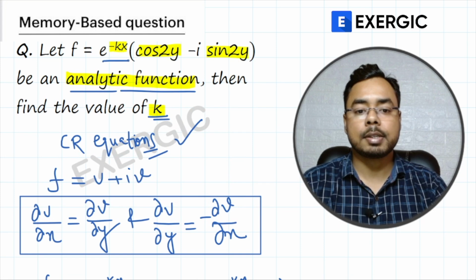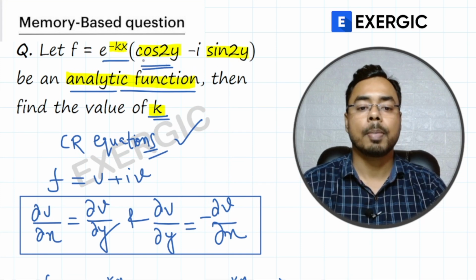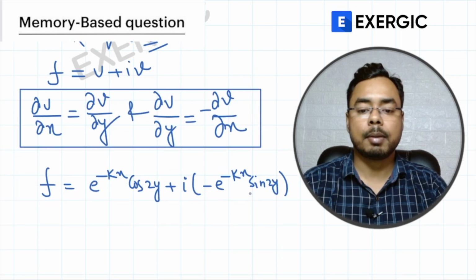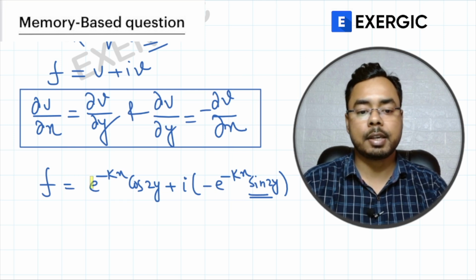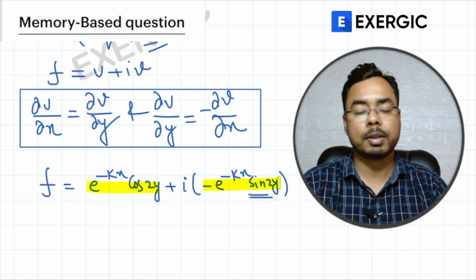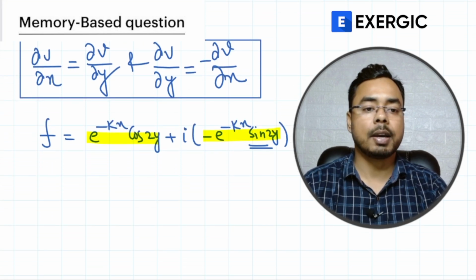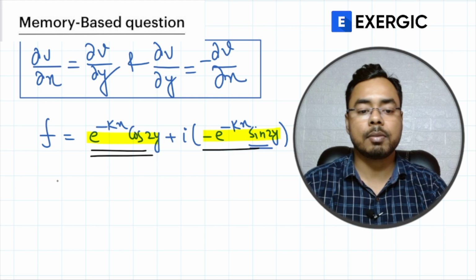E to the power minus kx multiplied by cosine 2y will be the real part of the complex function, and e to the power minus kx multiplied by minus sine 2y will be the imaginary part of the complex function, right? So now using CR equations, we have to find the value of this constant k. Since f is analytic, it will satisfy CR equation.